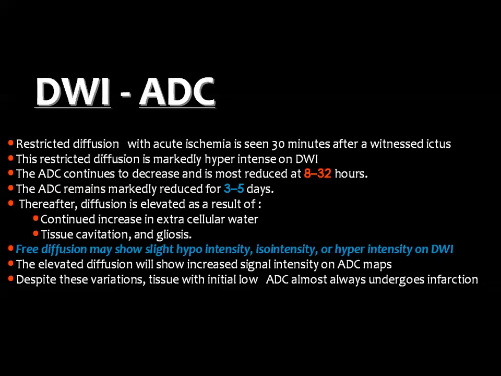And you remember that in DWI, the chronic lesion or the lesion with free diffusion will usually show hypointensity on DWI and maybe isointensity so that you cannot see it at all, or maybe hyperintense if this is the T2 shine through phenomenon.